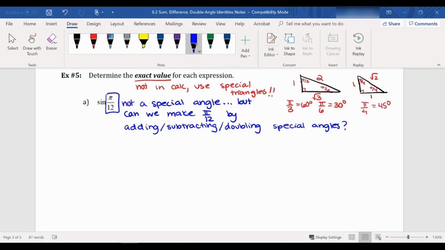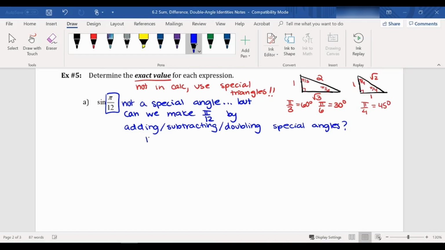So the question is, is there any way we can make pi over 12 from our special angles by adding two of them together, subtracting two of them, or doubling one of them? And then we could rewrite this sine of pi over 12 using one of those identities.